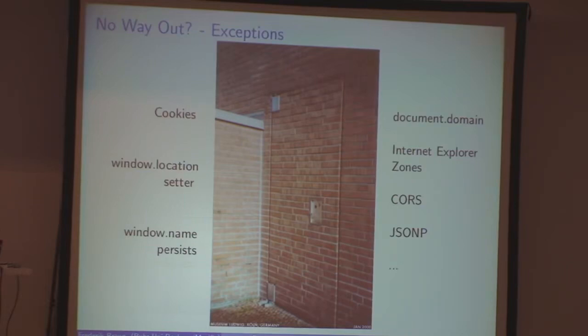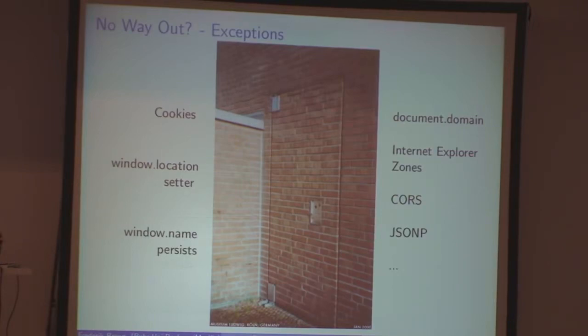Whatever you navigate the window to, window.name will not be overridden or reset when you navigate to a different domain. Then there's document.domain, which is an attribute you can set, which doesn't really change the location of your current domain, but changes the so-called, in the spec, effective scripting context, which means that you can opt out of the same origin policy in terms of two subdomains of the same domain agreeing on being in the same origin, which is kind of messed up.